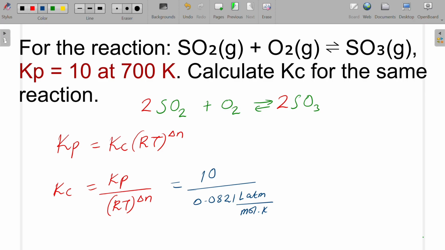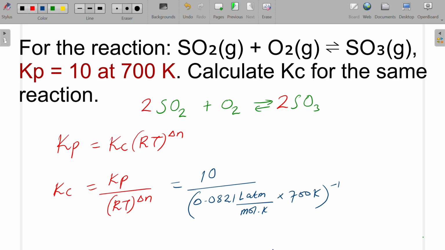And this will multiply by temperature in Kelvin. So our temperature in Kelvin is 700 that we are given. If you are not given temperature in Kelvin, you are supposed to change it to Kelvin. So the temperature we use here must be in Kelvin when you're using this formula.